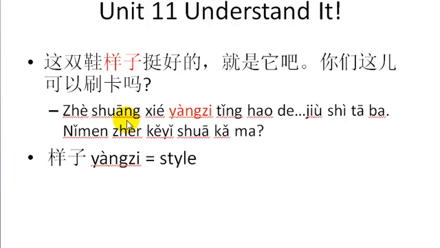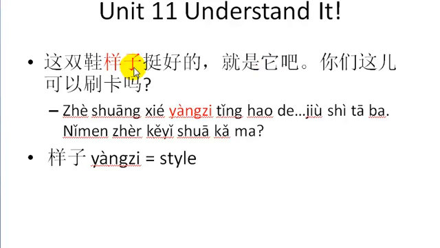Okay, so Wang Peng apparently finds a pair he likes and says, 这双样子挺好的，就是它吧。你们这儿可以刷卡吗? Okay, so there's a bit of new vocabulary in here. Let's take a look at it one by one.